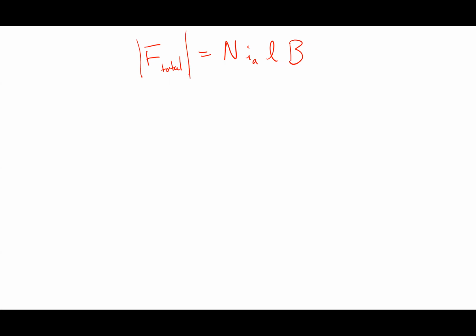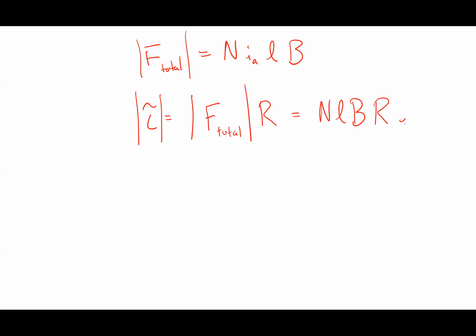How do I get from a force to a torque? Yeah, multiply by the moment arm. Again, it's really a cross product, but they're 90 degrees separated from each other. So the magnitude of torque specifically is F total times R, the radius. So it becomes N L B R I A, like that.